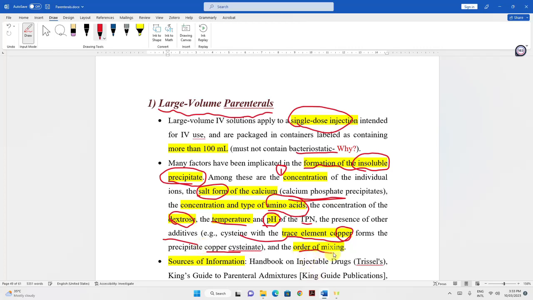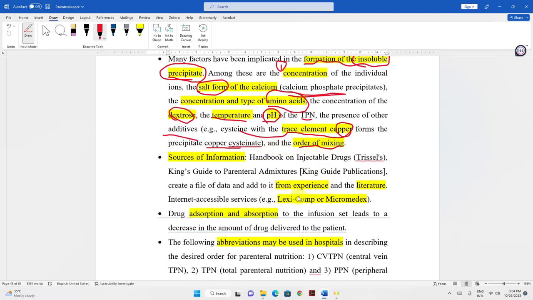Even the order of mixing is important. You should not, for example, start with the material that is highly soluble and end up with the material of lowest solubility. No, start with the material of lowest solubility. So the order of mixing is important.